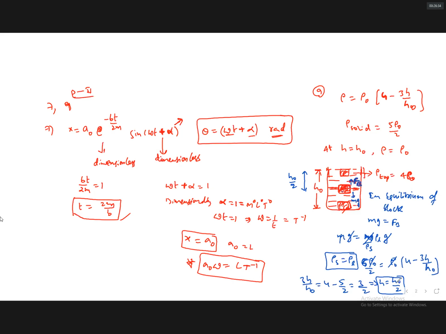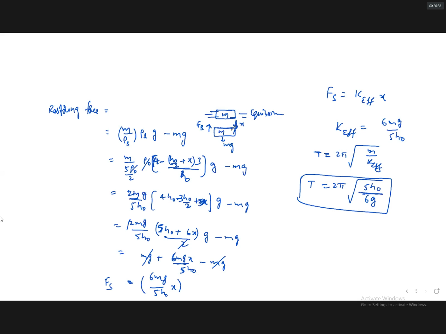If we displace the body by a small distance x in the downward direction, the block will experience an extra buoyancy force, so it tries to move back to its equilibrium position. Therefore, it executes oscillations about the mean position.